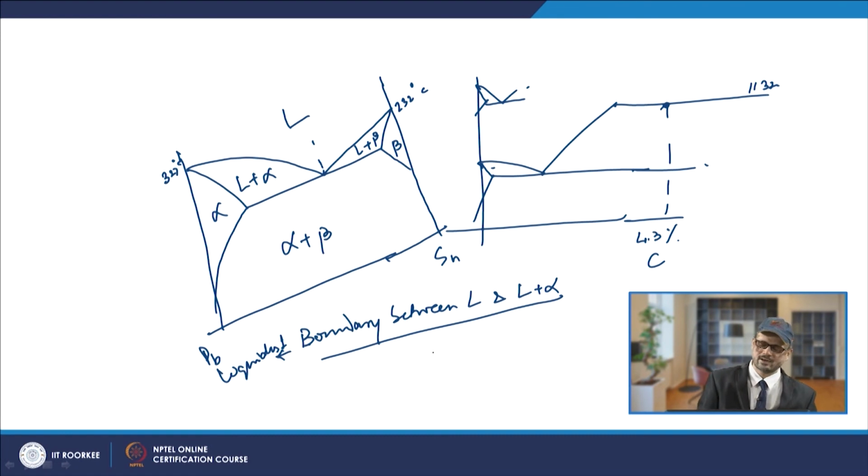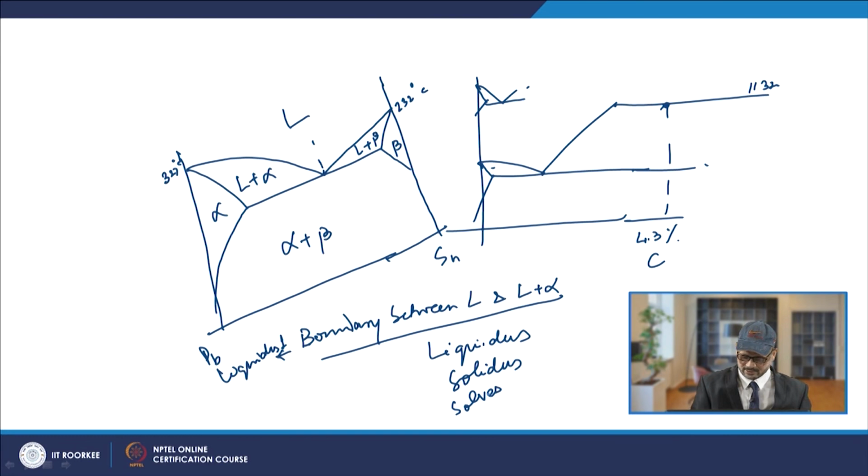The solvus line is basically the boundary between alpha and alpha plus beta, or beta and alpha plus beta. So, these lines are known as the solvus lines.